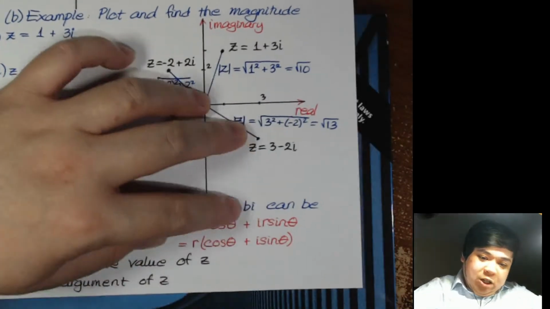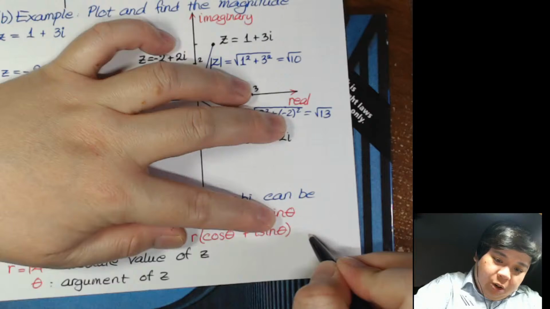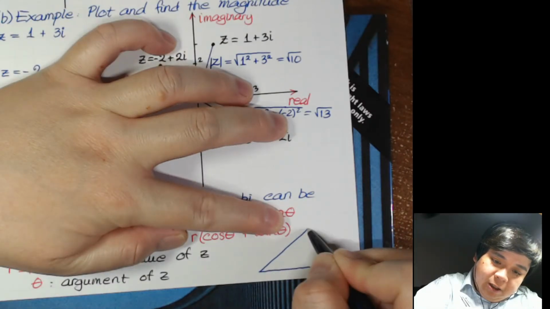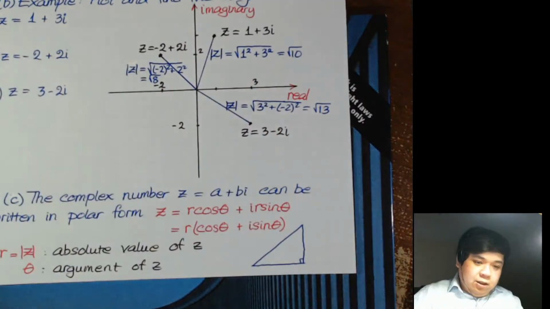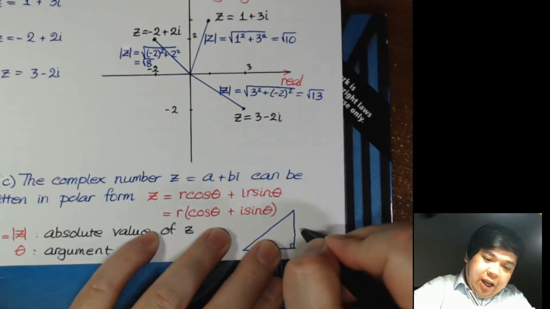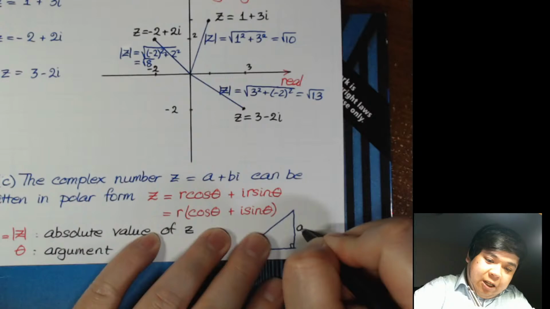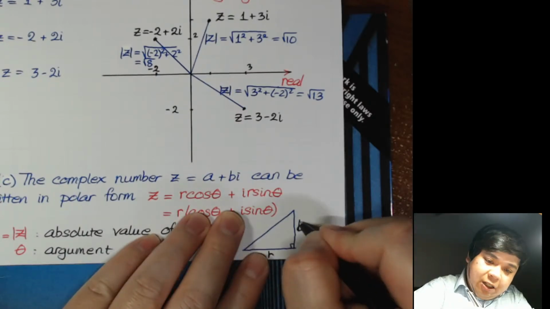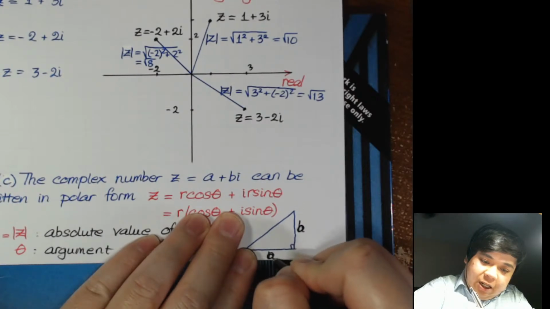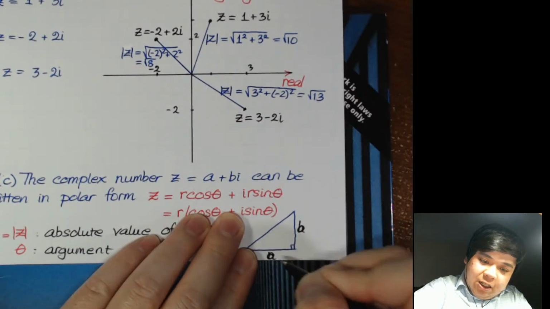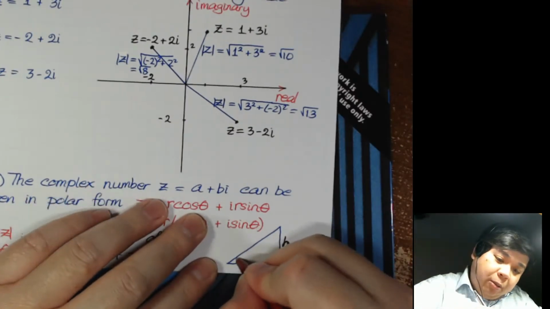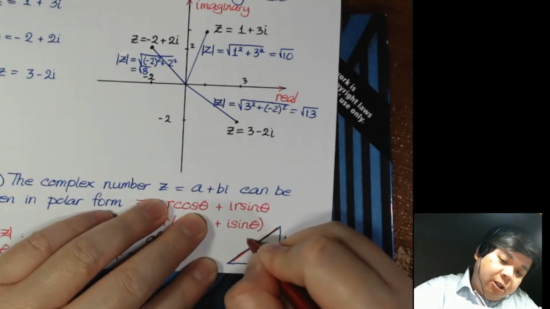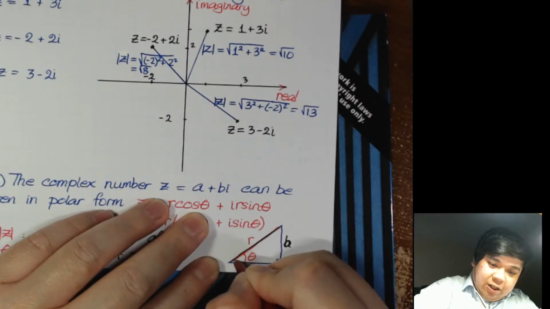So let me just draw this real quick. So instead of having a and b, sorry, this is b and a, we can have r and theta.